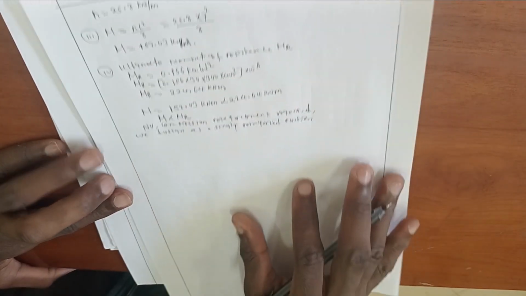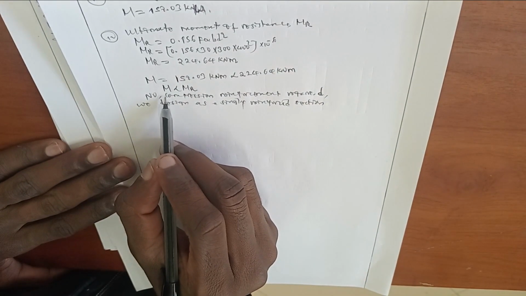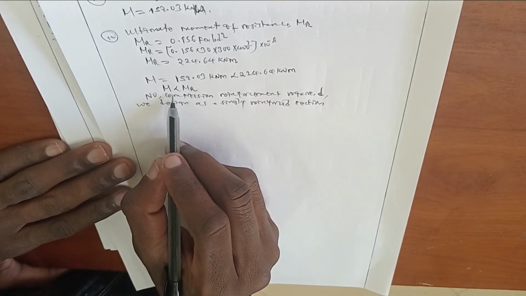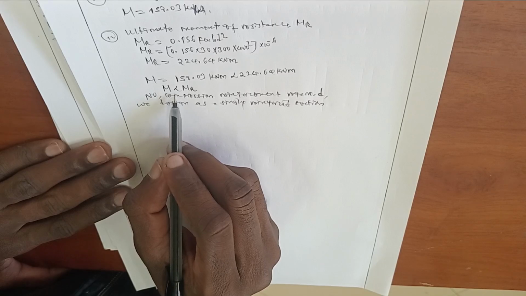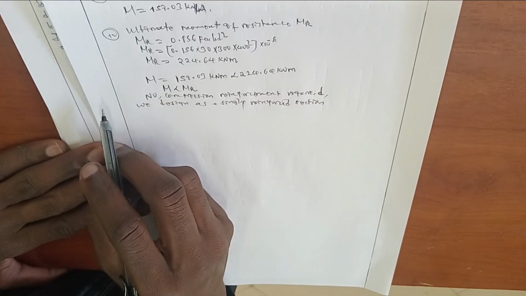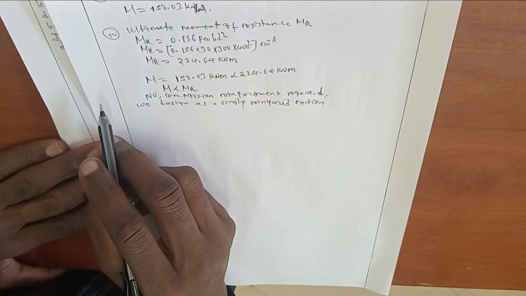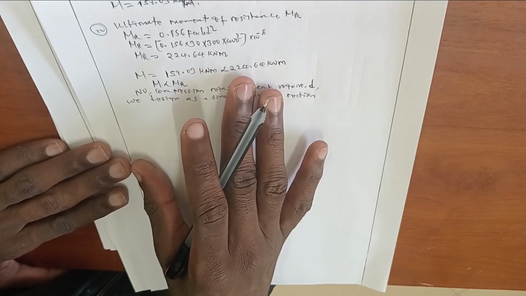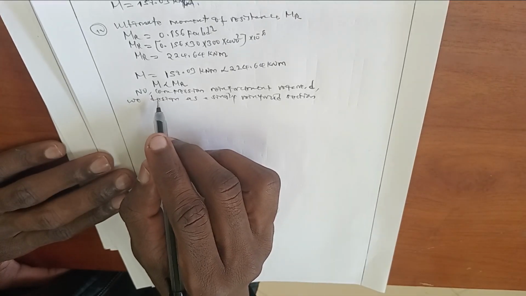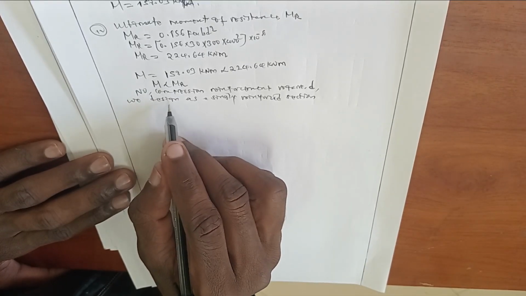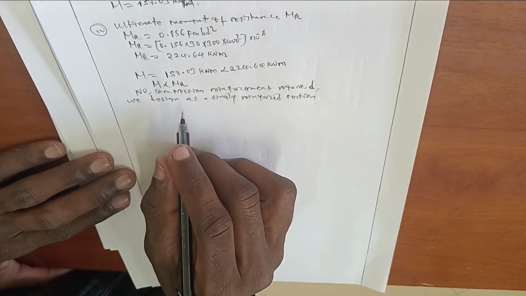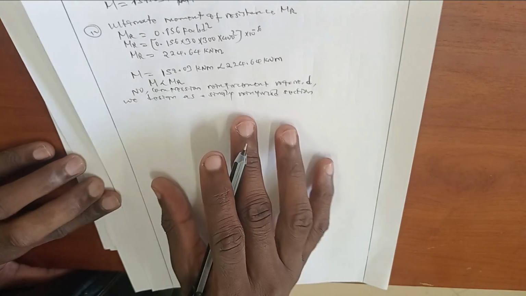But if the maximum design moment were greater than the ultimate moment of resistance, normally we design as a double reinforced section. In our problem, the maximum design moment is less than the ultimate moment of resistance, which implies that no compression reinforcement is required. That's why we design as a single reinforced section.